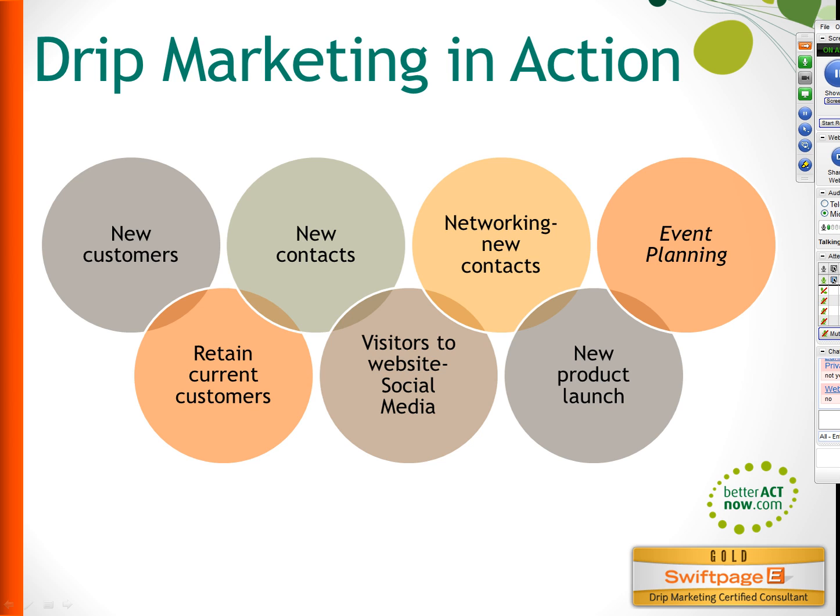And as I said, if you collect names from social media sites, you can pop them into your sequence of messages, and it could be very similar to the new contacts sequence. The final one I was going to tell you about is if you're launching a new product.